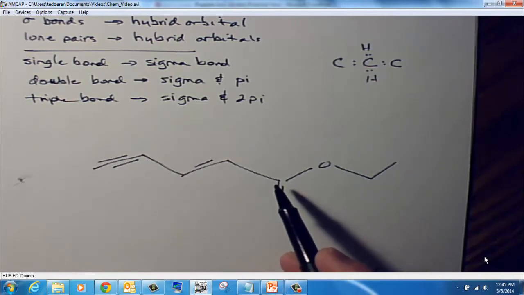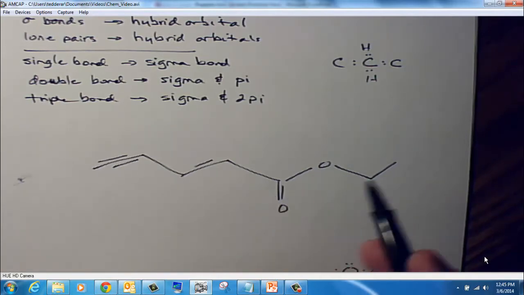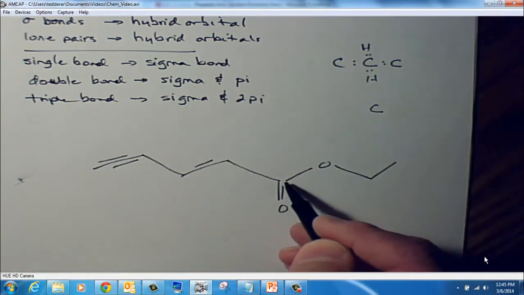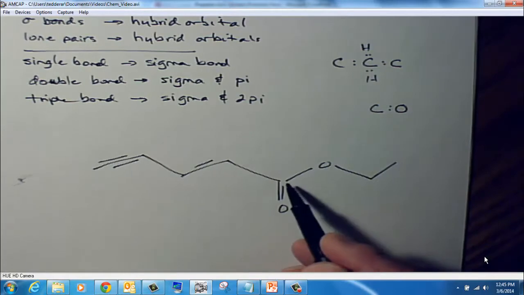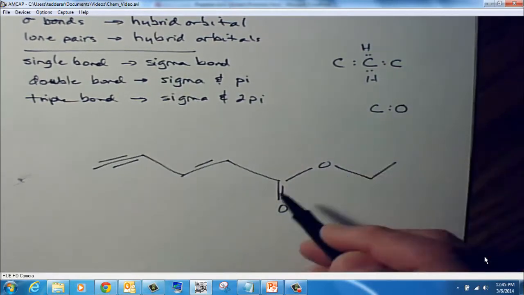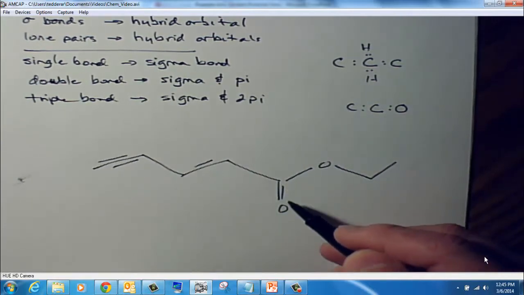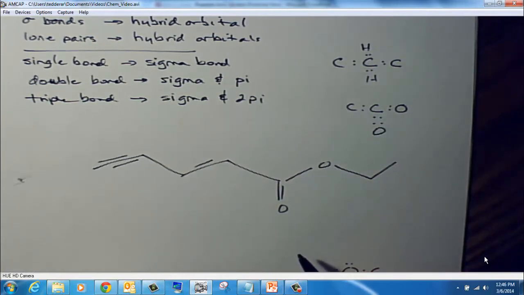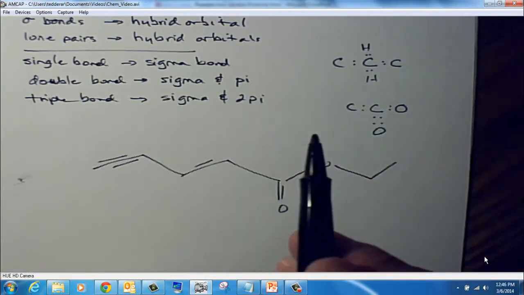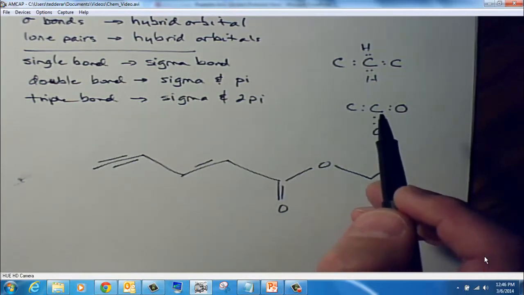All right, let's look at this carbon right here. Any lone pairs there? No lone pairs there. Why? Between here and here, we're sharing a pair of electrons with an oxygen. That's a single bond. Between here and here, we're sharing 2 electrons with another carbon. Between here and here, we're sharing 4 electrons to form a double bond.